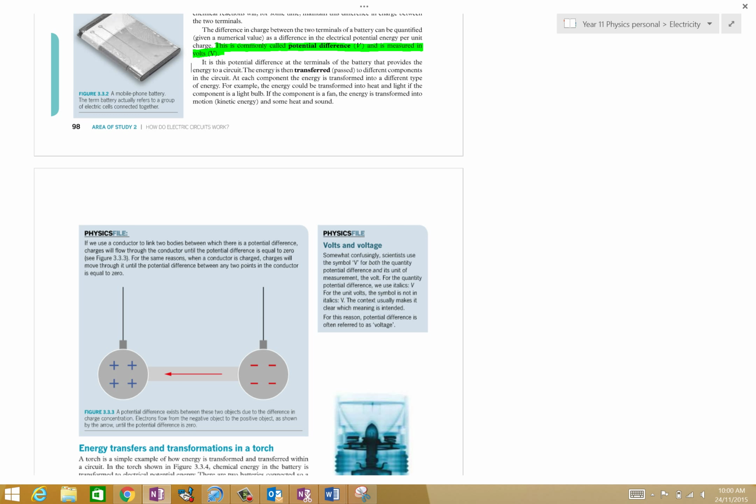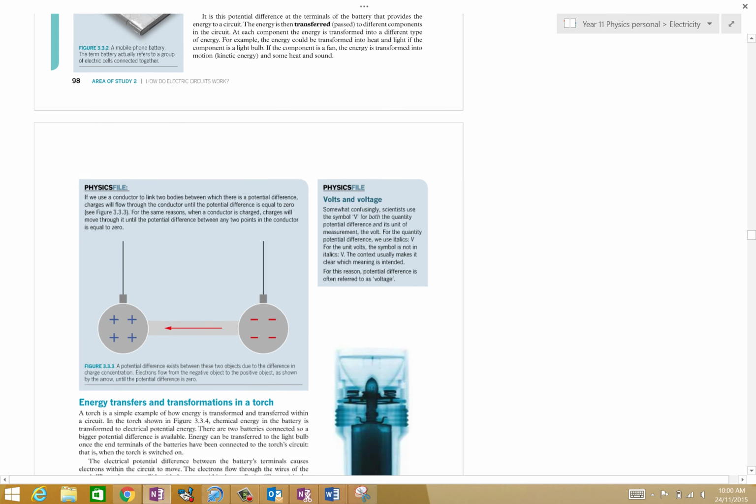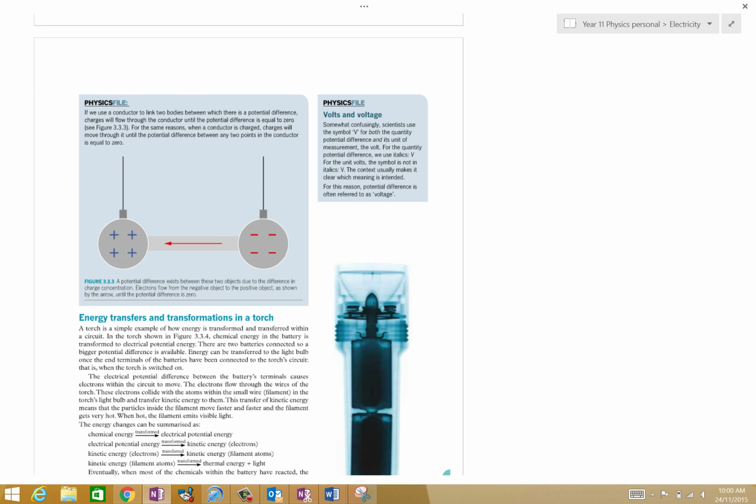So really we can say that the potential difference would be zero. In other words, when we connect a battery to a circuit, if there's no flow of charges or no difference of charge, then we can say that the battery's effectively gone flat.